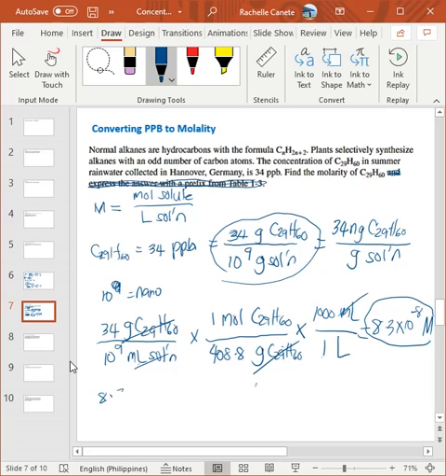So, 8.3 times 10 to the minus 8 moles per liter, or molar. Let's just use molar.